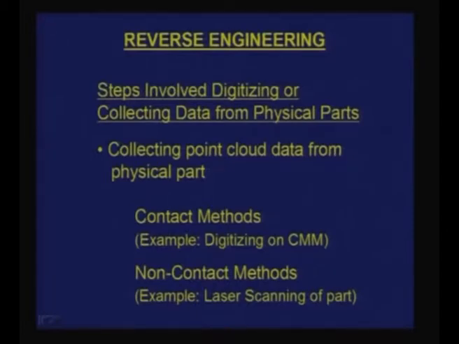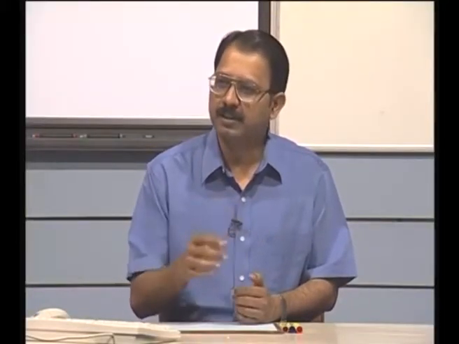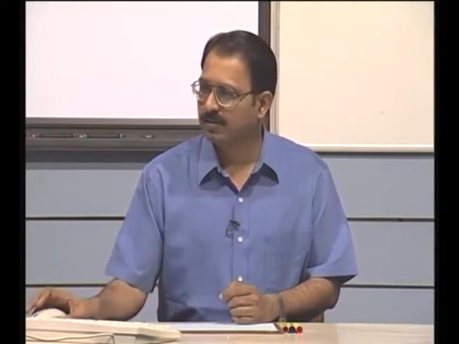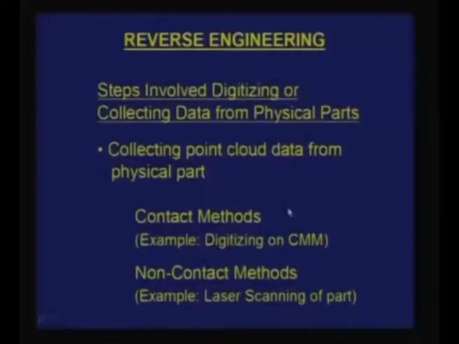When a coordinate measuring machine is used for inspecting a part, you have a CMM probe which actually makes contact with the part at a few salient points in order to check its geometric features and dimensions. So that is why you classify this as a contact method. One can also look at non-contact methods. In non-contact methods, I can use, for example, a laser beam to capture the geometry.